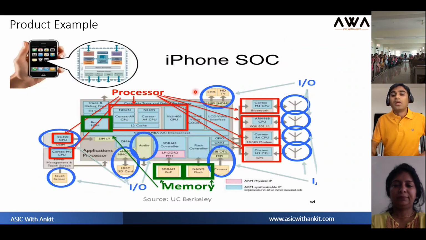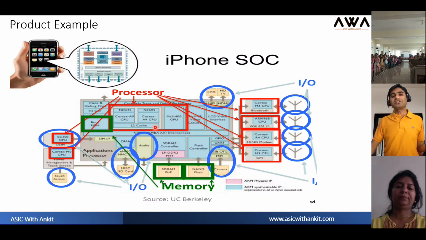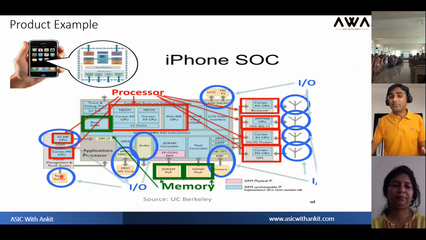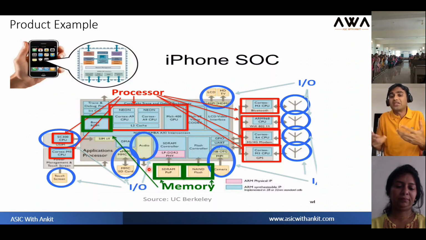And just another thought process, think about the iPhone. The SoC used in the iPhone has a lot of different components: a processor, CPU, touch screen, RAM, an audio controller because you are also processing audio, a GPU, and many others.